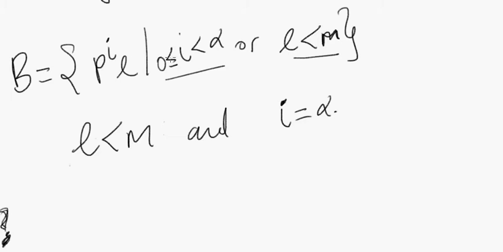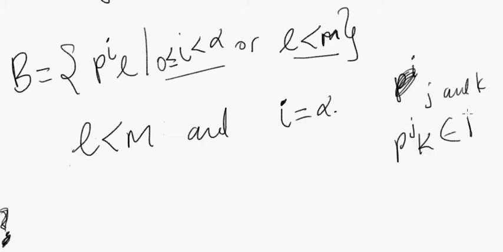The reason we bring it up is that it's possible for there to be some p to the i times l, for some j and k, such that p to the j times k is actually an element of B. That is, p to the j times k is actually a divisor of p to the alpha times m.